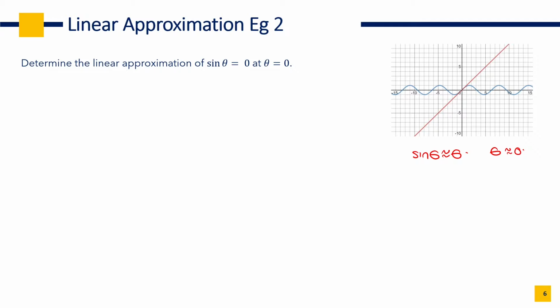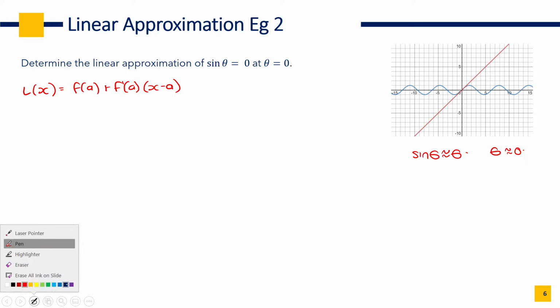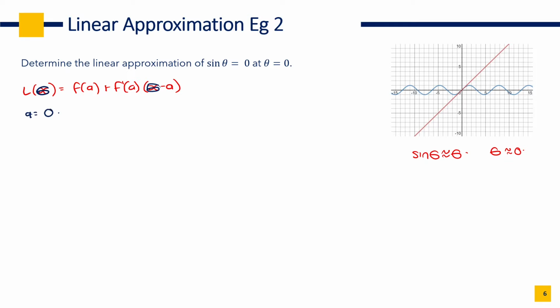So remember, for our linear approximations, we have the line L(x) is equal to f(a) plus f'(a)(x minus a). In this case, we don't have x, we actually have theta, so just replace your x with theta. Okay, so there you go. And now we need, firstly, what is a in this case? a is where theta is equal to 0. So now we need to solve for f(0) and f'(0).